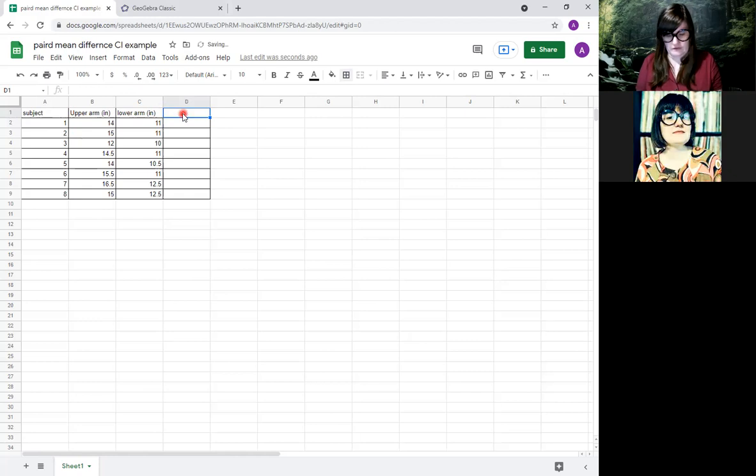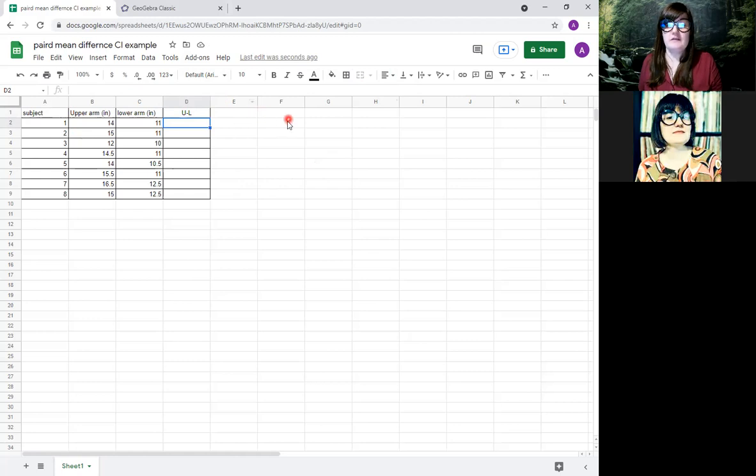Actually, let's go ahead and tell ourselves this is the upper minus the lower. That might make it easier for us. We're going to make things easier for ourselves so that when we come back and we're trying to explain to ourselves what the confidence interval means, what the confidence interval is telling us, we have these clues.